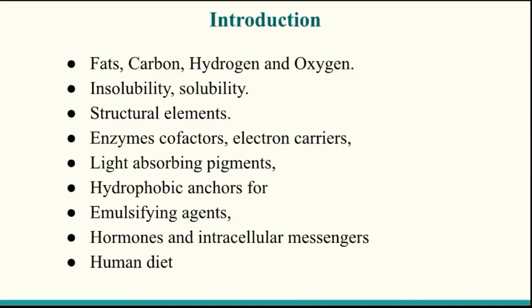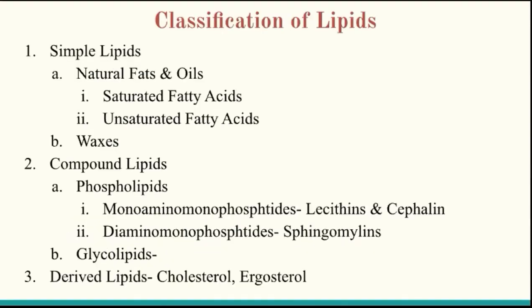Next is the classification of lipids. On the basis of occurrence and chemical composition, lipids are classified into three types: first simple lipids, second compound lipids, and third derived lipids.